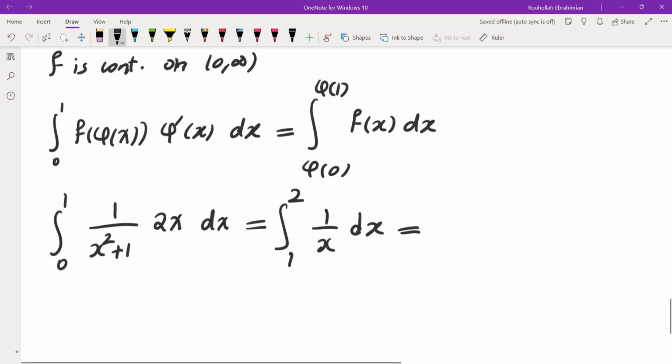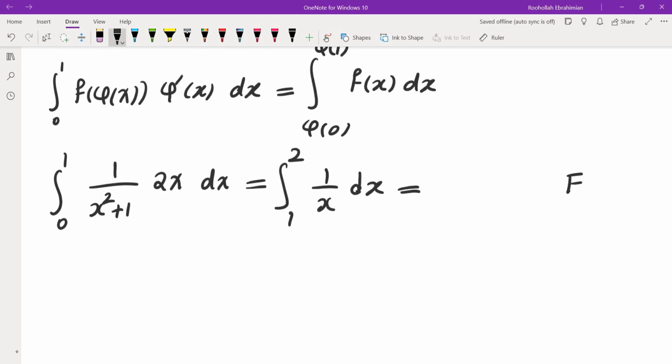And then now we're going to have to use the first fundamental theorem. The first fundamental theorem tells us this is natural log of 2 minus natural log of 1. Or you could even just use the definition of natural log, so that might be easier. This is natural log of 2 by a theorem, I guess. That was how we defined natural log of 2. So the answer would be natural log of 2.